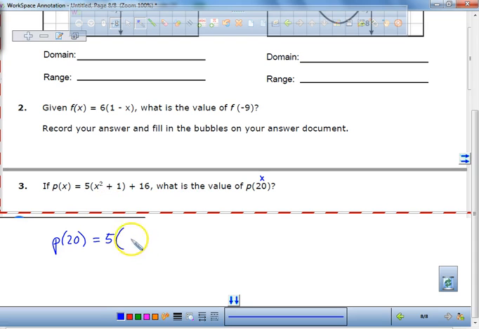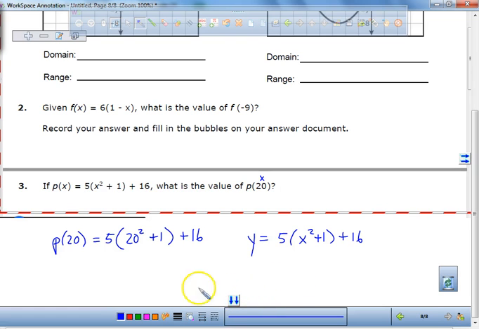So instead of x squared, you're going to put 20 squared plus 1 plus 16. Now that's what you've got to be careful of. If that was a negative 20, then you have to put that in parentheses. Okay? So my suggestion is go to y equals 5, parentheses, x squared plus 1. I know there's lots of people right now screaming at me, they can do it by hand.